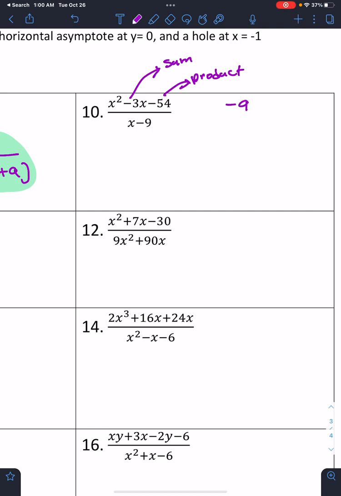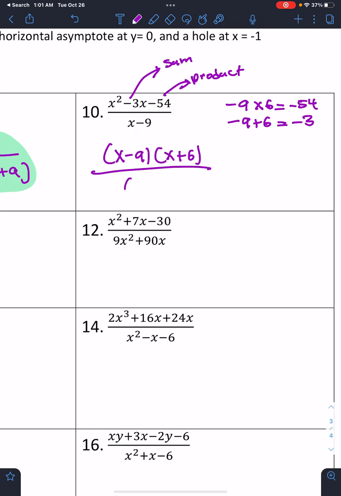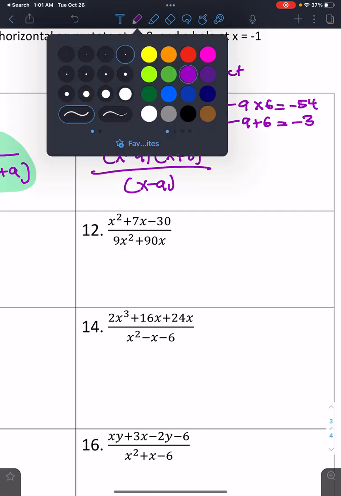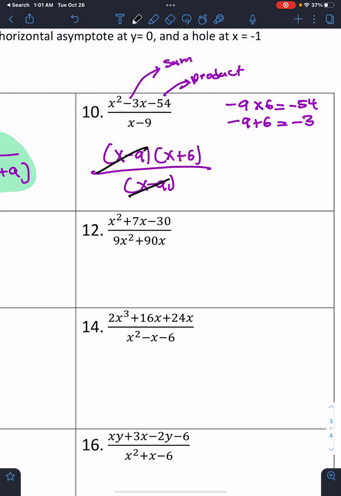So if I do negative 9 times 6, that's negative 54. If I do negative 9 plus 6, that's negative 3. So I know here it's x minus 9 and x plus 6 over x minus 9. Then you're going to divide both these terms, and you're going to end up with x plus 6 over 1, which is just x plus 6.